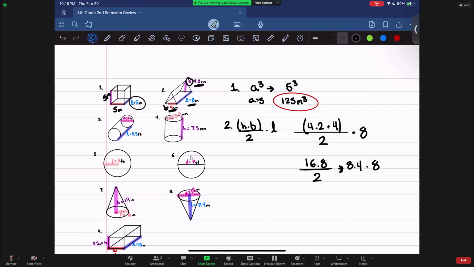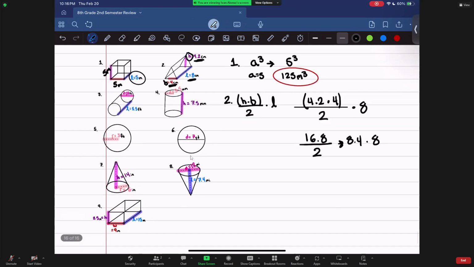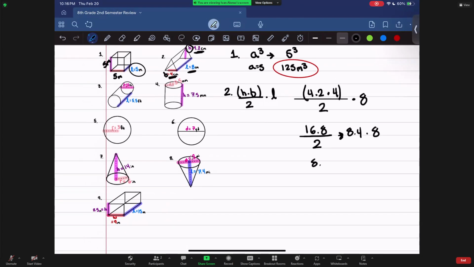Now, 8.4 times 8 should be 67.2. Let me check that. Times 8. It's 2, 3, 64.